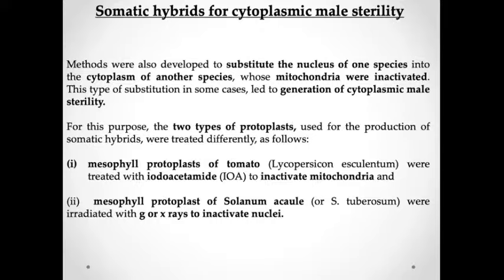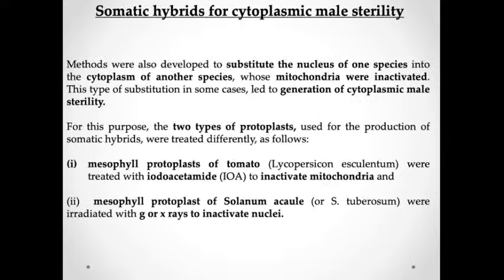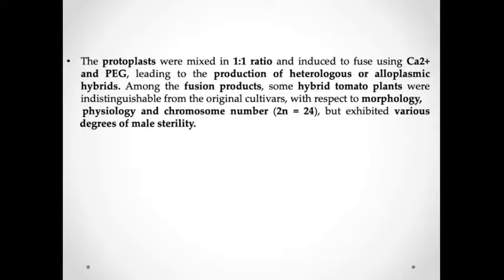Then the protoplasts are mixed in a 1:1 ratio of tomato and Solanum acaule, and calcium and PEG are added to induce fusion, leading to the production of heterologous or alloplasmic hybrids.